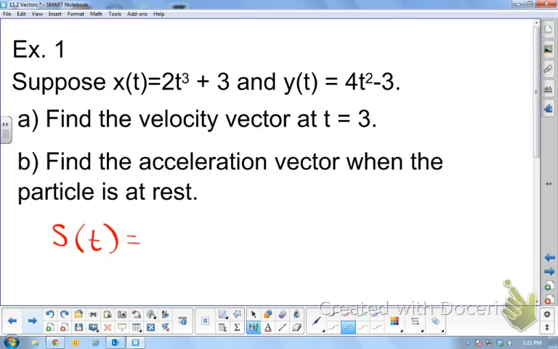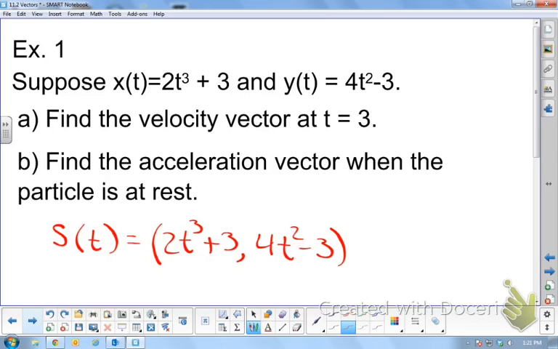Look back in your notes and see what we wrote down for position vector. Just what they've given us, just in a coordinate form: 2t cubed plus 3, comma, 4t squared minus 3.